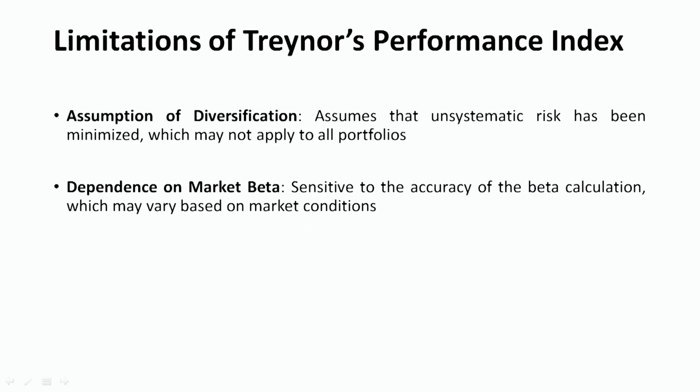What is the limitation of the performance index? There is a limitation in terms of the assumption of diversification, because unsystematic risk is assumed to be almost zero when I've constructed the portfolio and when I'm measuring it. So there is a problem with this.